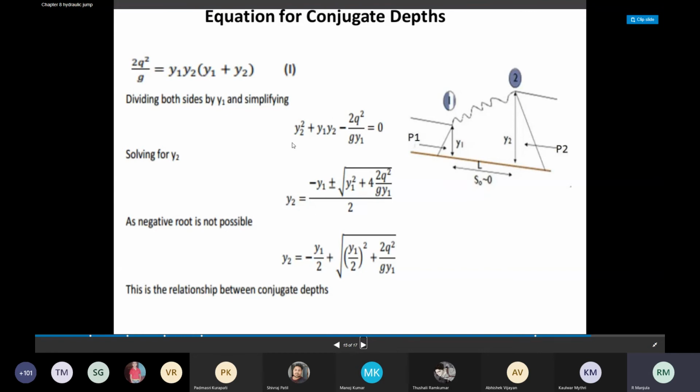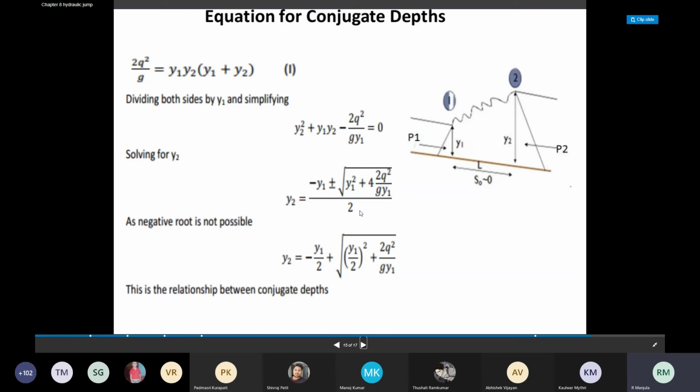So if you are solving for y2, you will be getting y2 is equal to minus b, where b is y1, so minus y1, plus or minus square root of b square, y1 square, plus 4 times a into c, where c is 2q square by g y1. Here a is 1, so 4 into only this term, because the coefficient of y2 square is already 1.